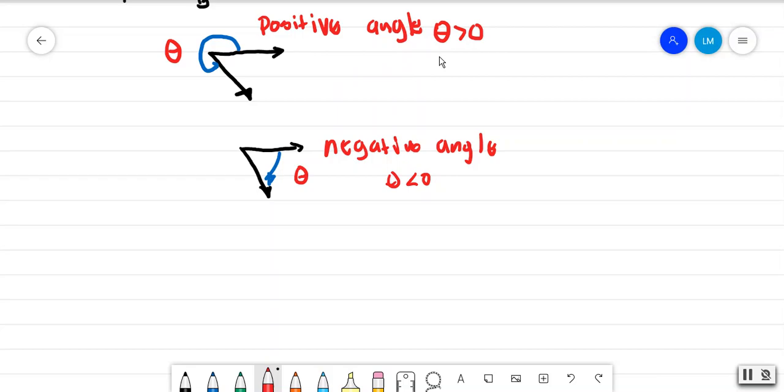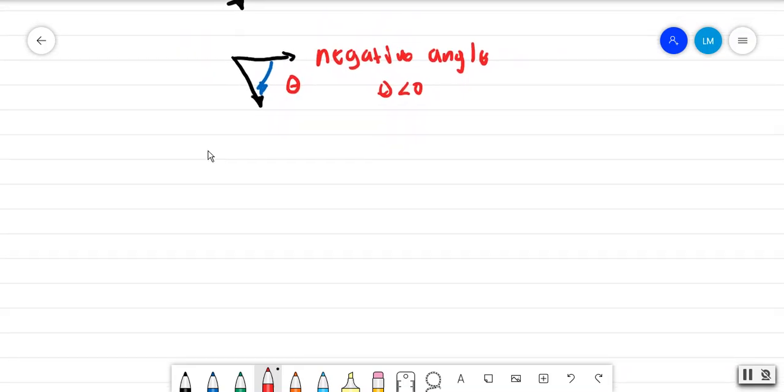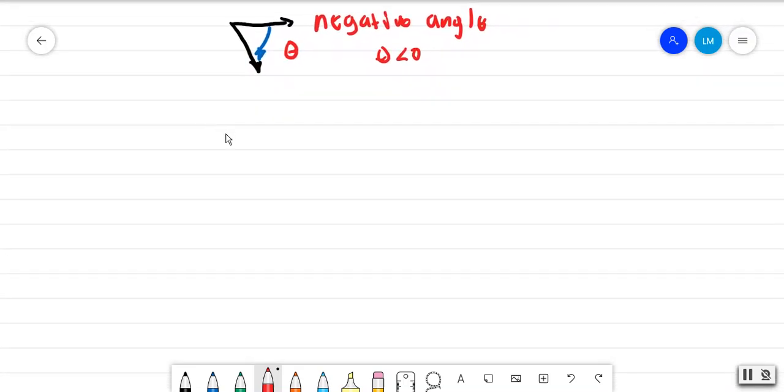Now, one thing that we can mention is, what do we call this ray right here and what do we call this ray right there? Sometimes we can explain it before looking at positive and negative angles, but more or less it's all the same.